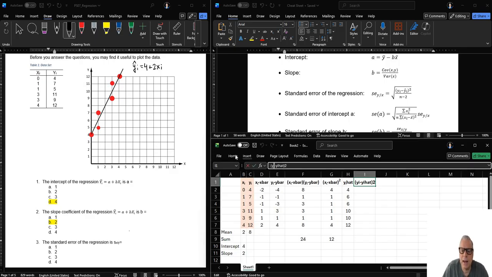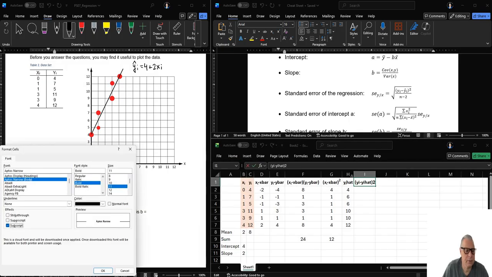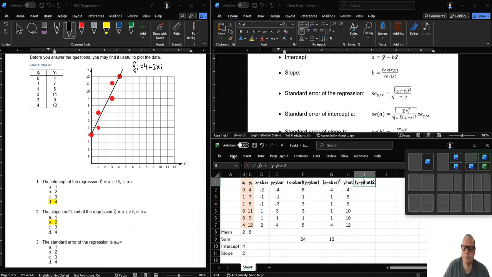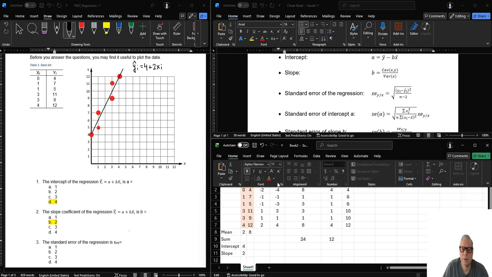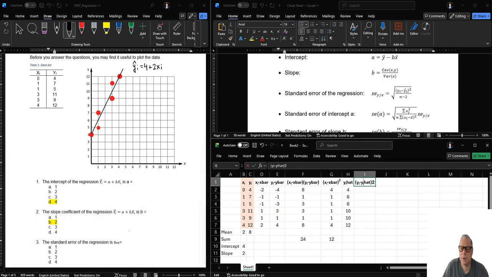So again, the i subscript and the squared.